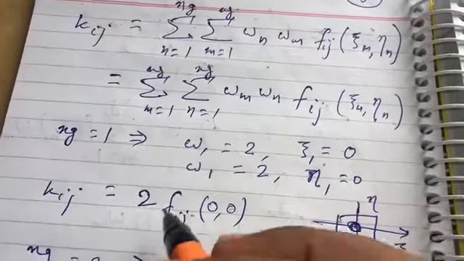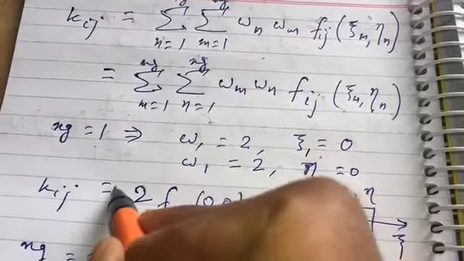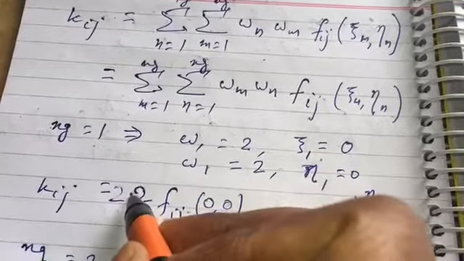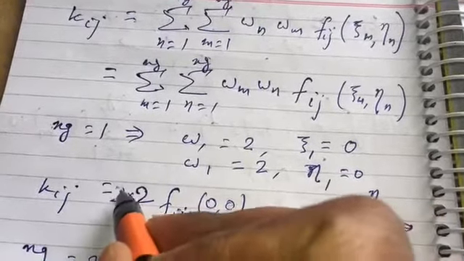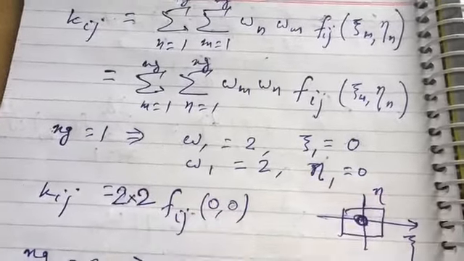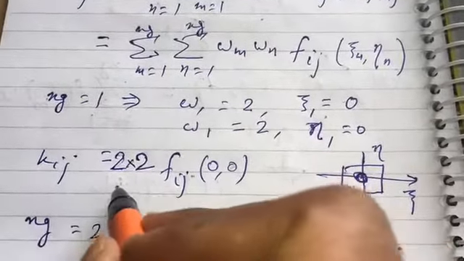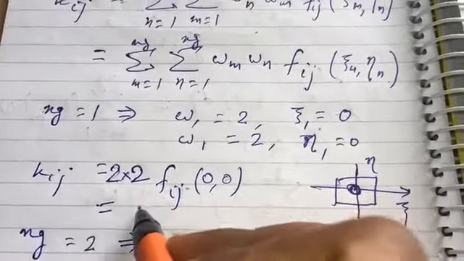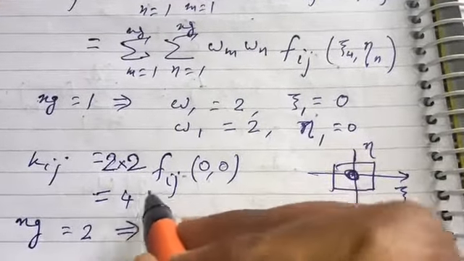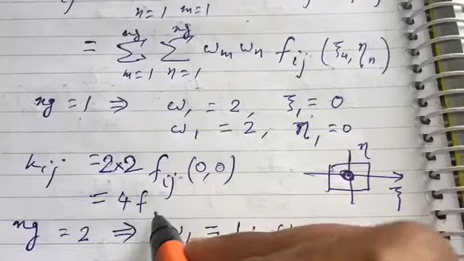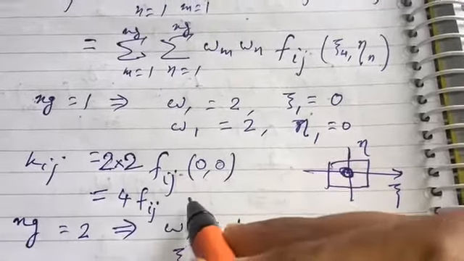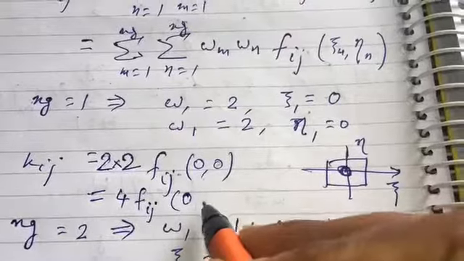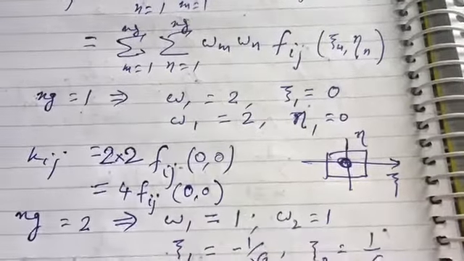So this should be corrected to 2 multiplied by 2, so it should be a total of 4. Basically this should be equal to 4 Fij 0, 0. Okay.